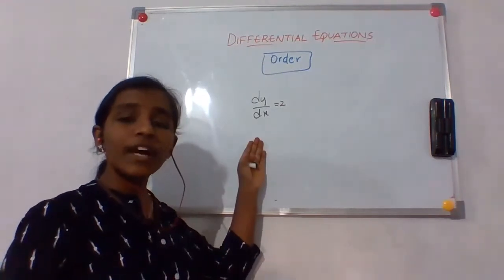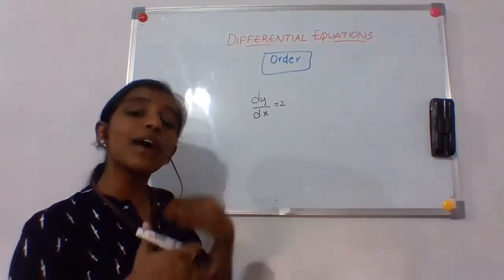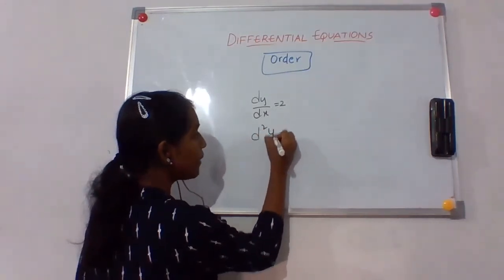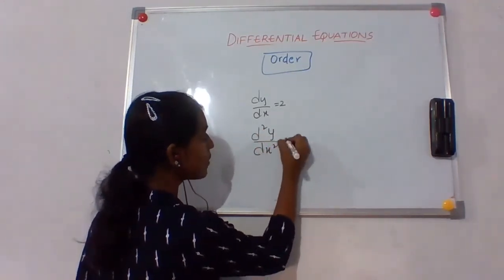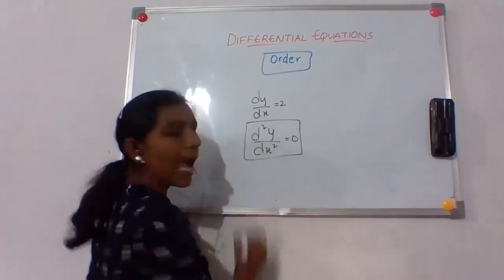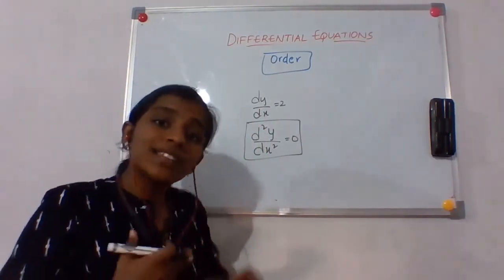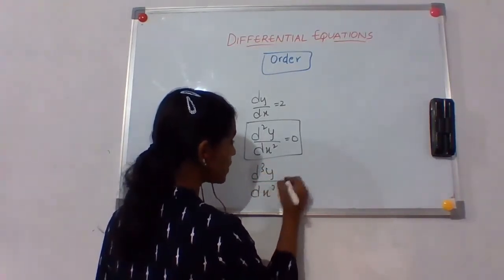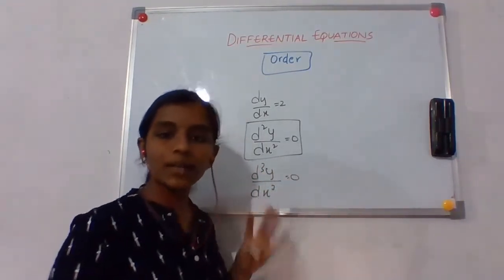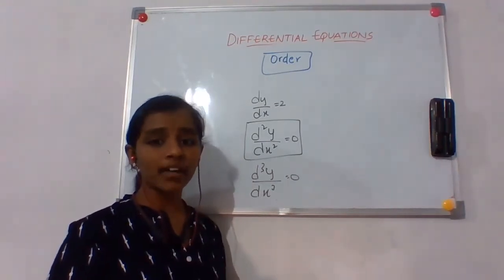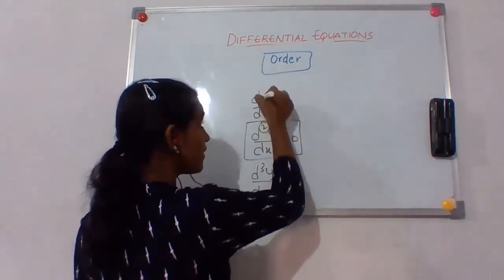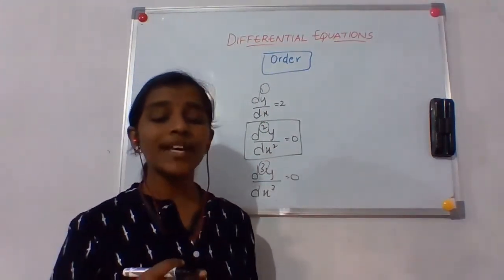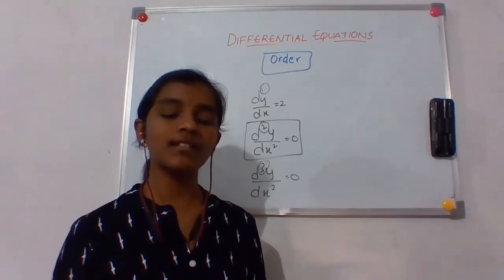Now, if I differentiate it on both sides once again, the second time, what do I get? I get d square y by dx square equals 0. Am I right? Now, if I differentiate it the third time, I get d cube y by dx cube equals 0. So I can differentiate it many times. Now, what is the order over here? How many times we are differentiating an equation is known as the order.